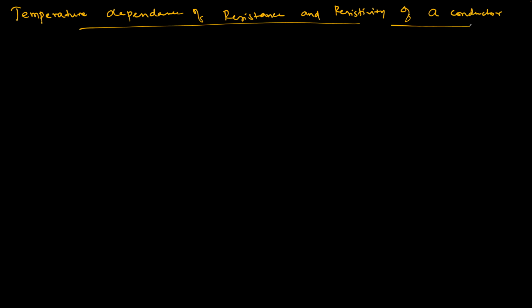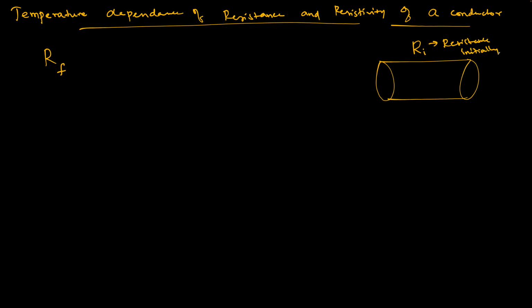Okay. So if you observe R after a change in temperature, if I call it R final. Let's say there is a conductor whose initial resistance is R initial.